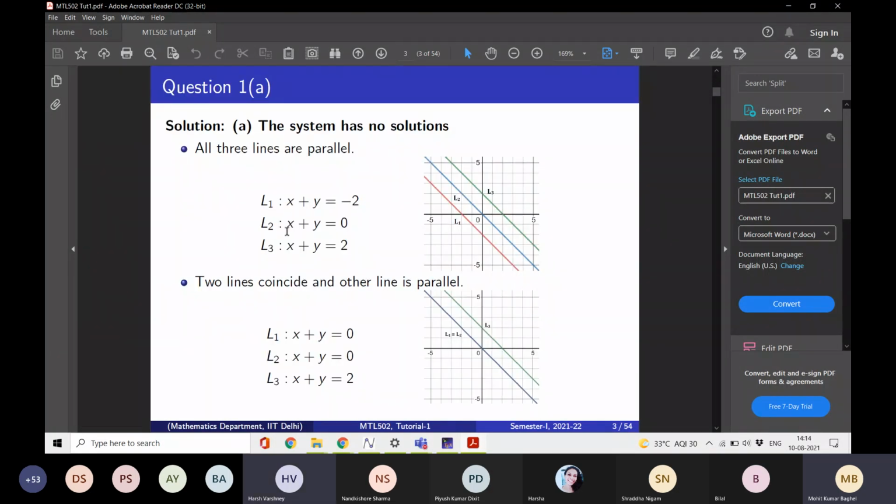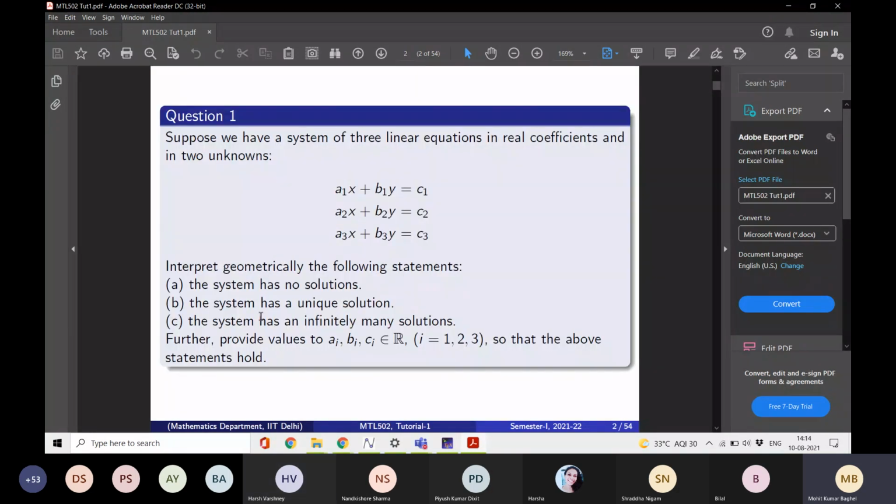These are examples to illustrate how you can put the values of a1, a2, a3, b1 and c1. For the case where the system has infinitely many solutions, you can answer that this is only possible where a1, a2, a3 are same, b1, b2, b3 are same, c1, c2, c3 are same, and a1, b1, c1 can take any value.